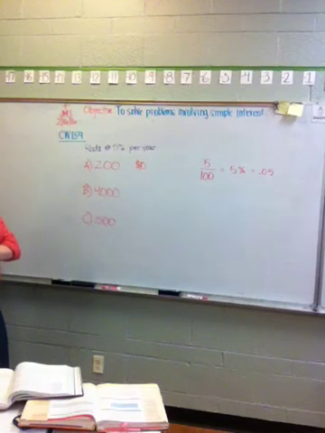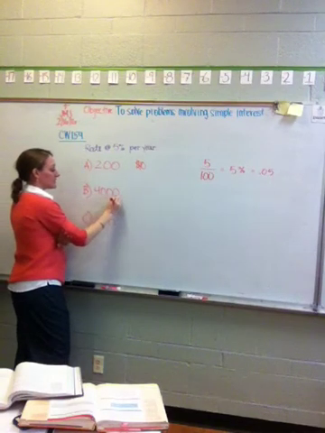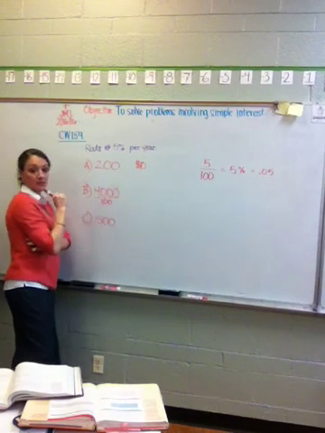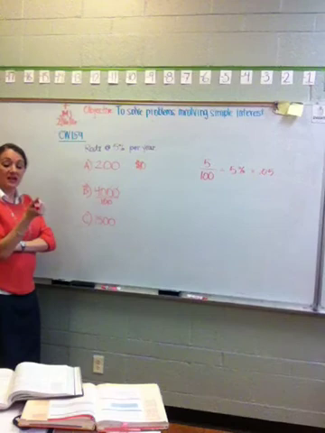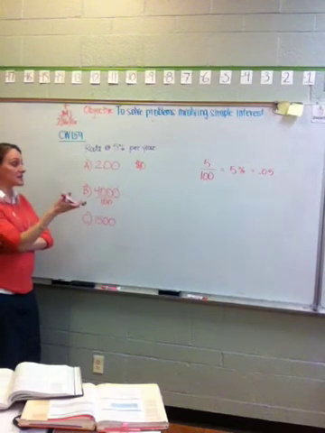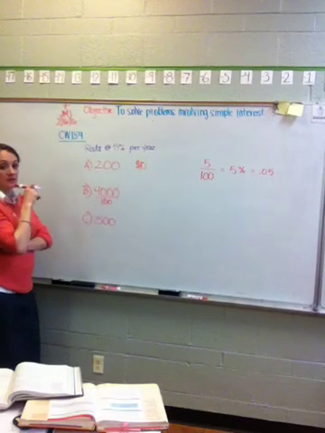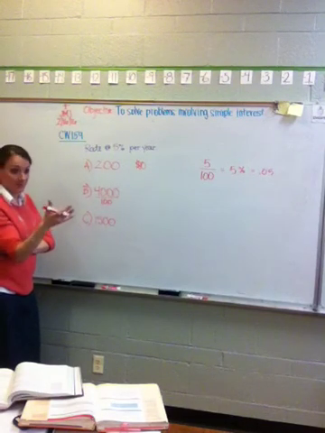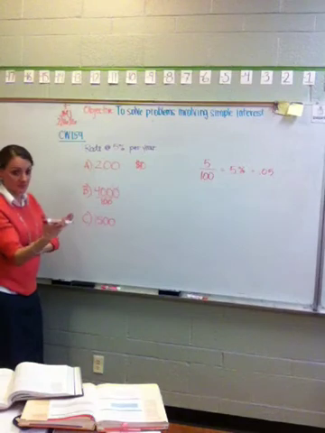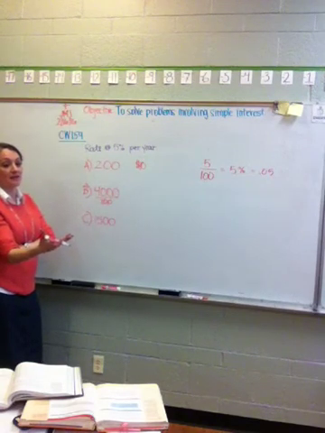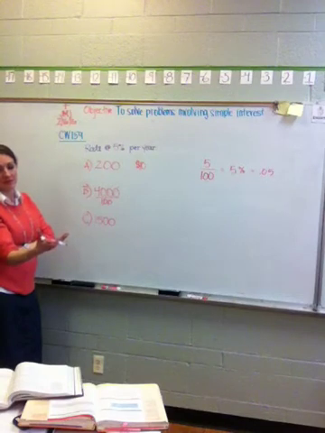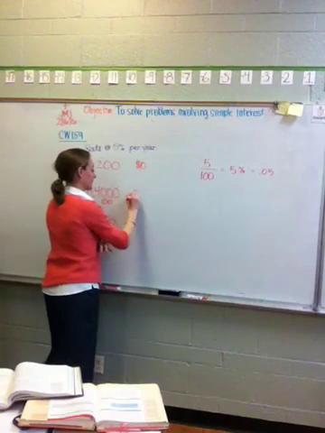Couldn't I divide this by 100? 40. Does that make sense? So couldn't I do 40 times, what is 5% of 100? 5. So 40 times 5 is what? 4 times 5, add a 0. 200. There we go.